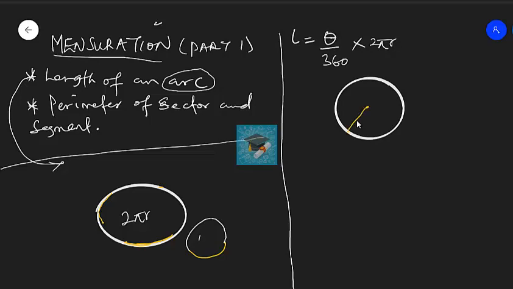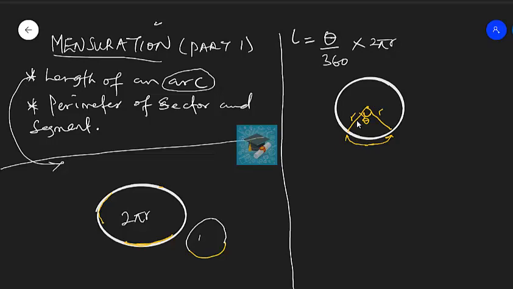The distance from here to here is radius. The distance from here to here again is radius. And there's an angle subtended at the center of the circle, and that is angle theta. This part is the arc of this circle. From this length to this length is the arc of the circle. This is the radius, and this is the radius.